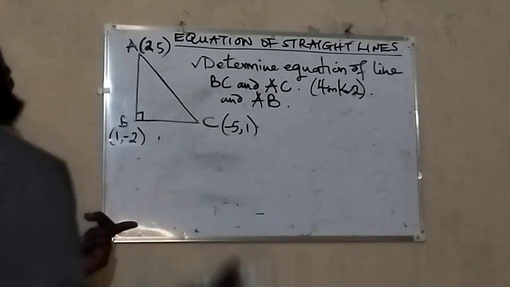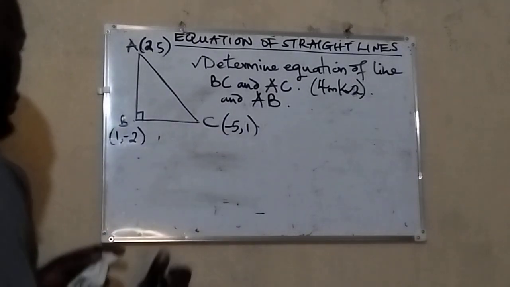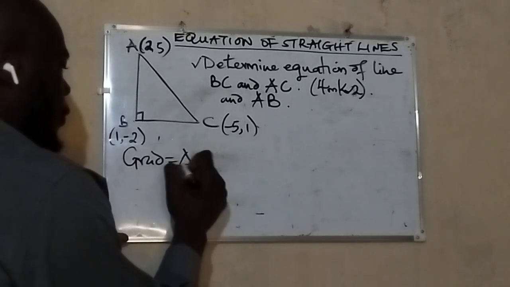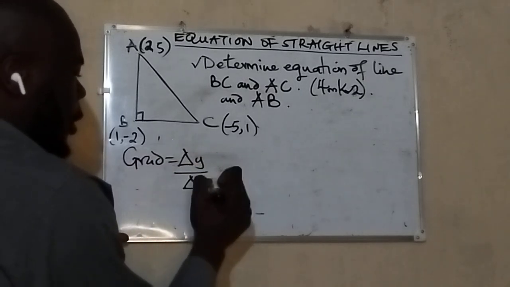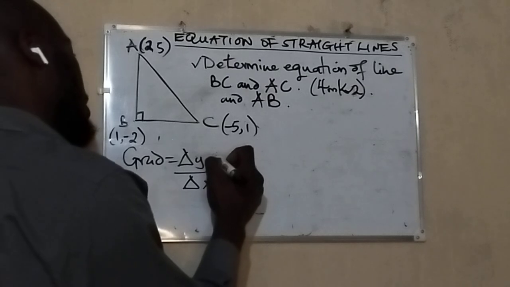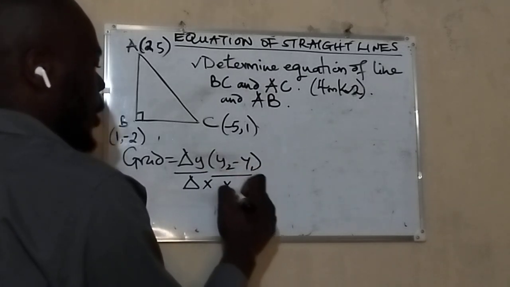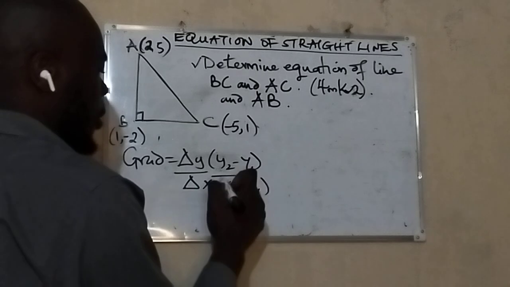And we start with line BC. So how do we find the gradient? We have change in y over change in x coordinates. So you have y2 minus y1 over x2 minus x1.